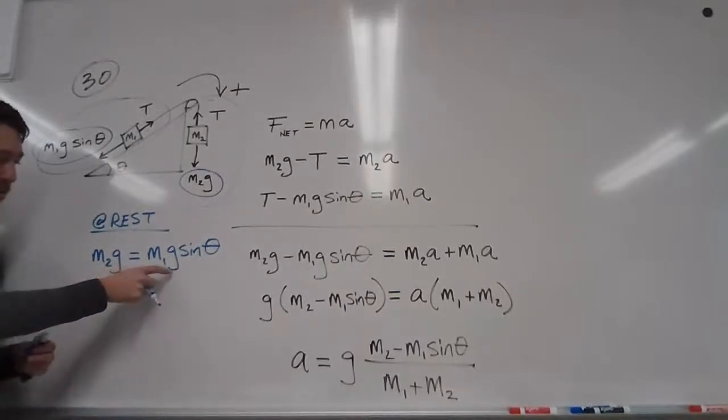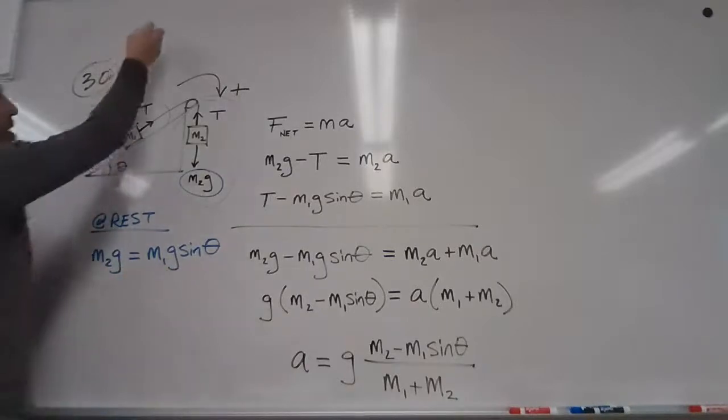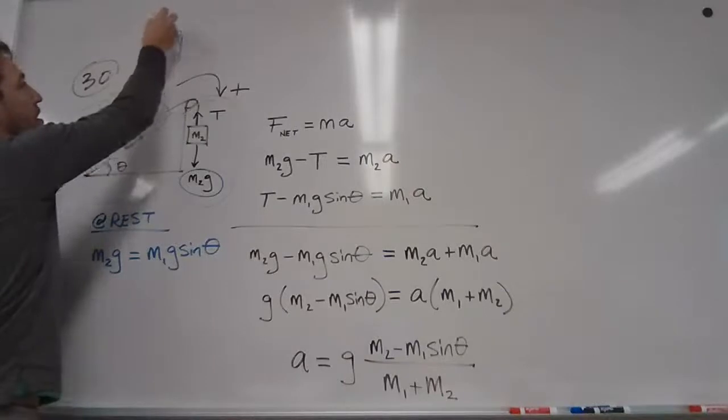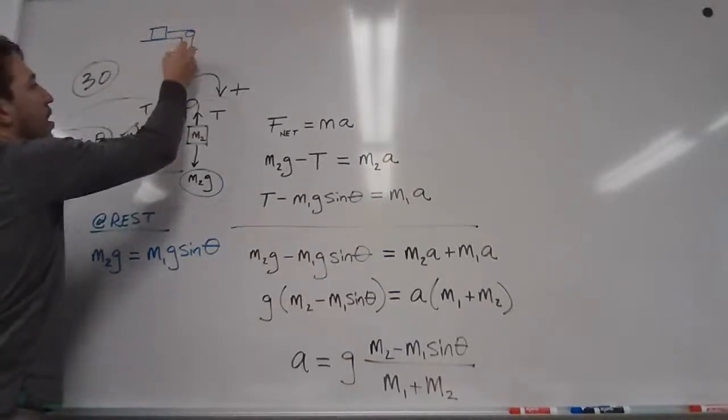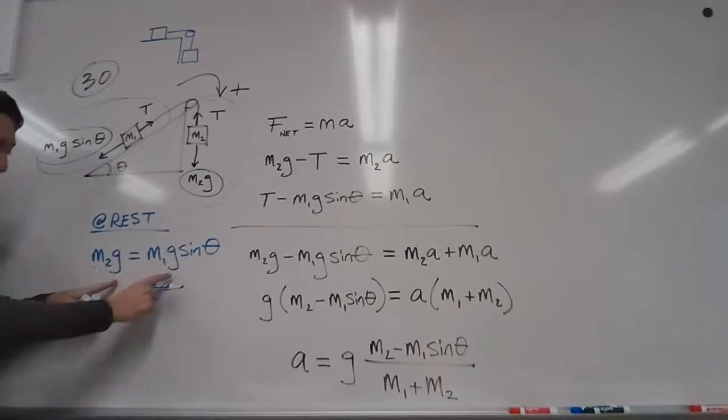If theta was 0, it would be this scenario. Oh, okay. That would not work. Although the scenario I'm thinking of would still have no acceleration even if theta was 0, even if the ramp had no slant to it.